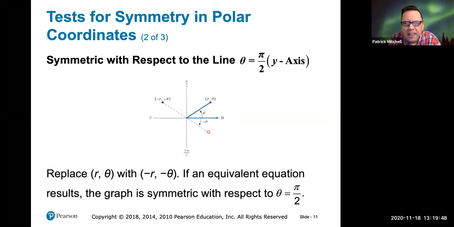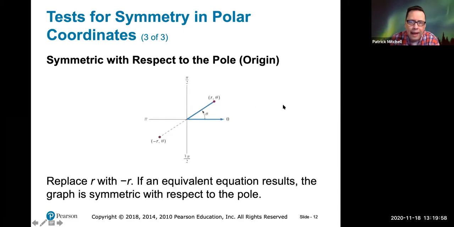All right, and then the last, got to find my mouse here. There we go. The last type of symmetry is symmetry with respect to the pole, aka the origin. So again, if you look at this picture and imagine replacing r with the opposite r, that's going to give you the mirror image of that point through the pole.